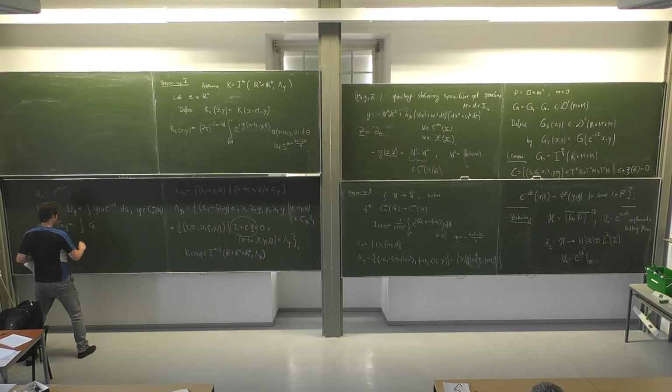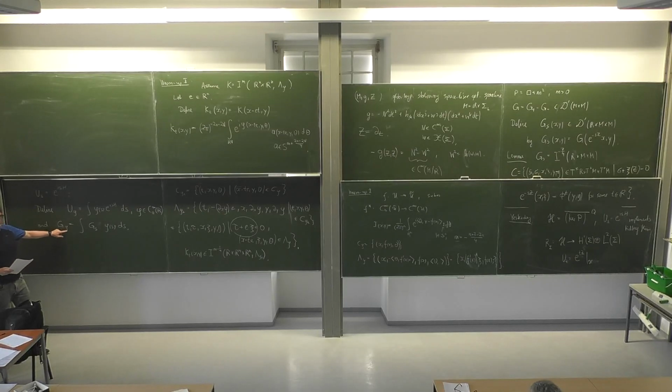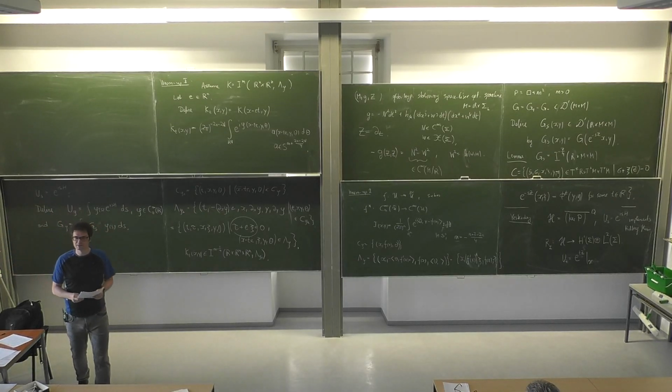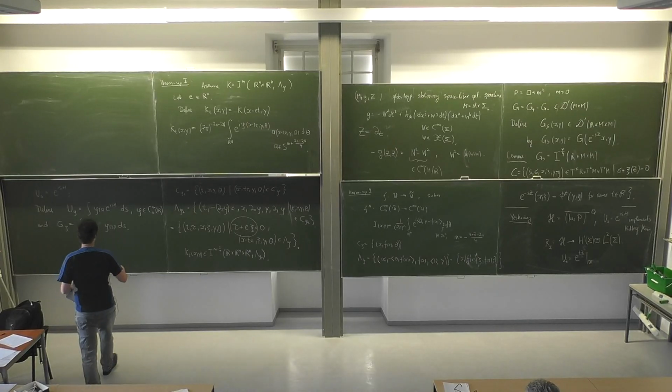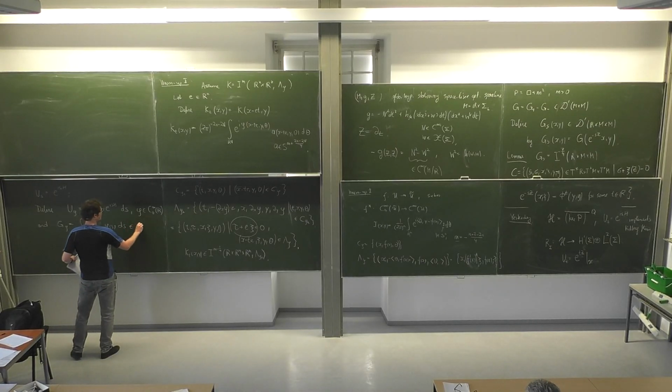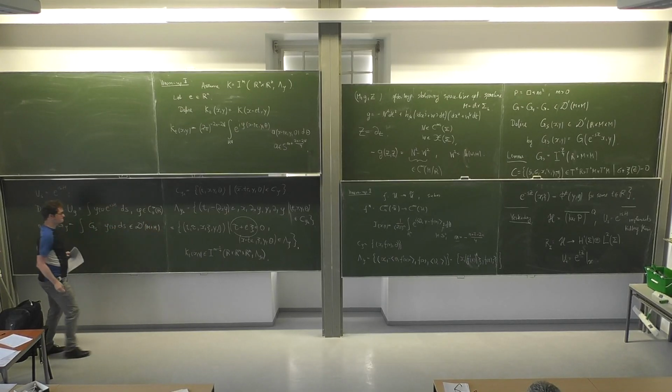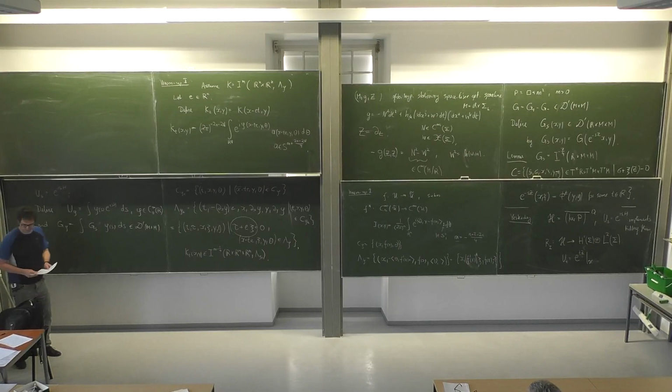So G_s, well, G_s phi of s ds. In other words, in the s variable, we pair this with the distribution phi, and we are left with two more slots. We get a distribution again. This is a distribution in D' of M cross M.